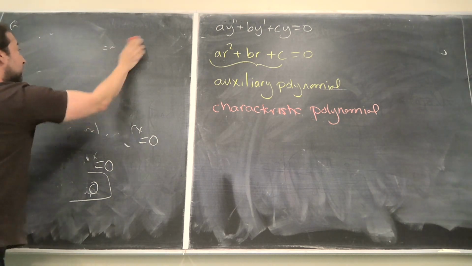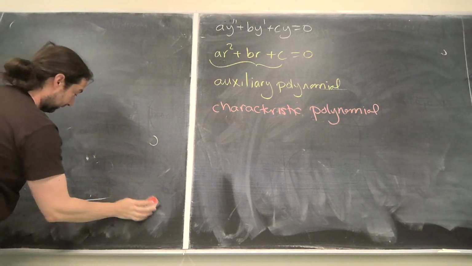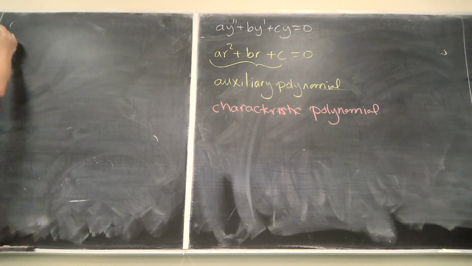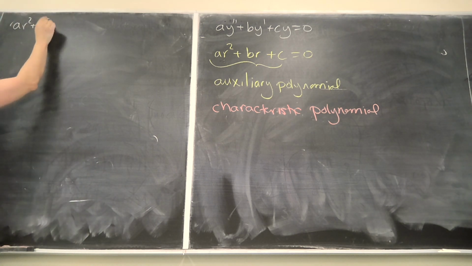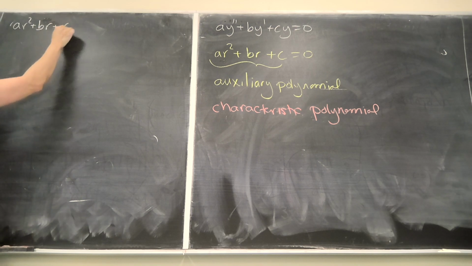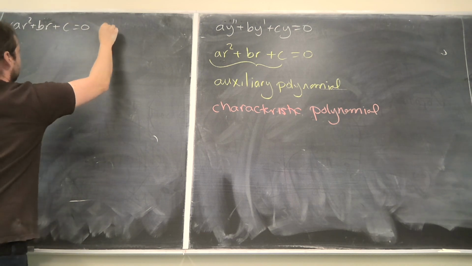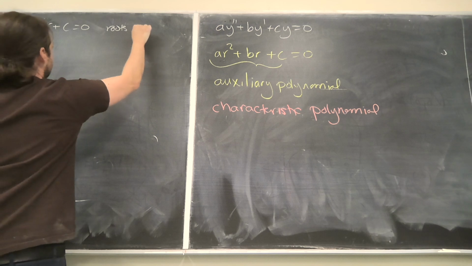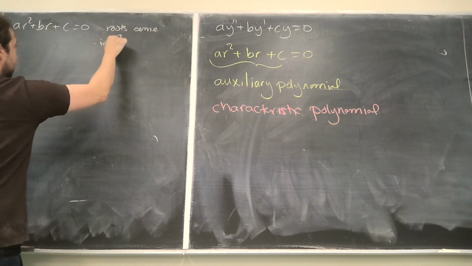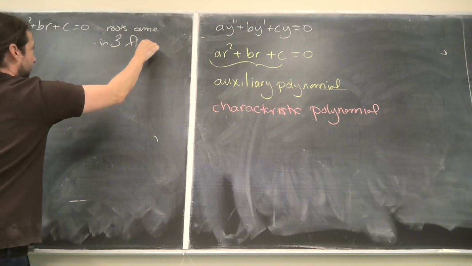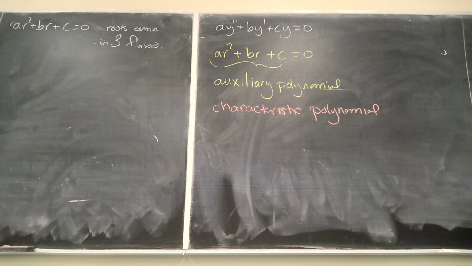And why the quadratics? You guys love the quadratic equation. So essentially, there are three cases. So ar squared plus br plus c is equal to 0. The roots come in three varieties, three flavors. One, they could be distinct.